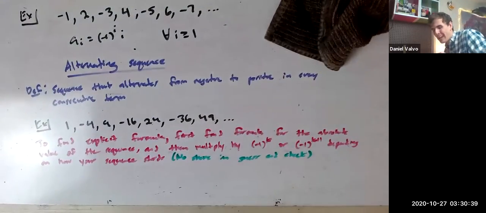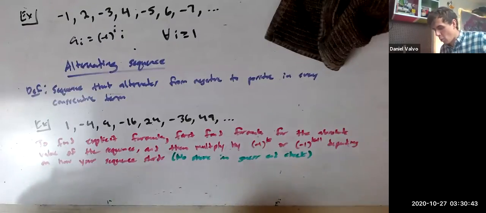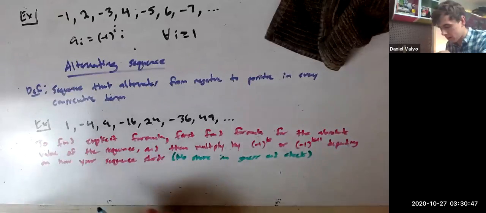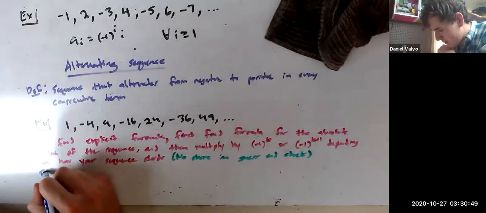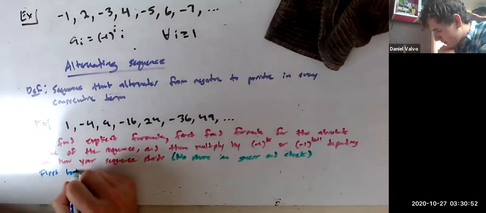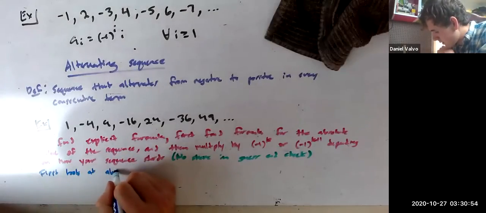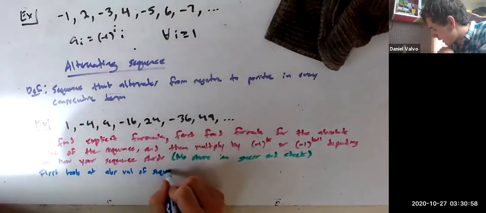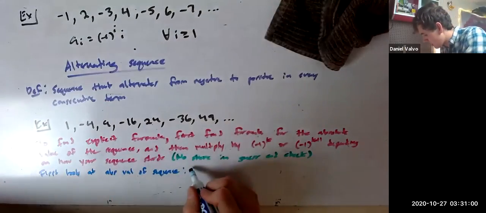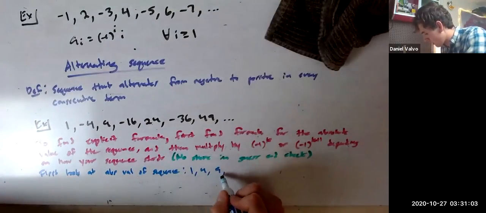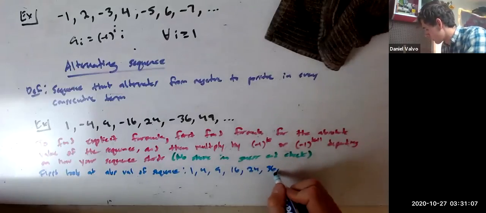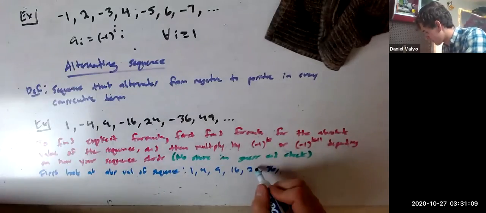Here's what I mean by this. So we have 1, negative 4, 9, negative 16, 25, negative 36, 49. First consider the absolute value of the sequence. So get rid of the negatives. That's going to be 1, 4, 9, 16, 24, wait, this would be 25.